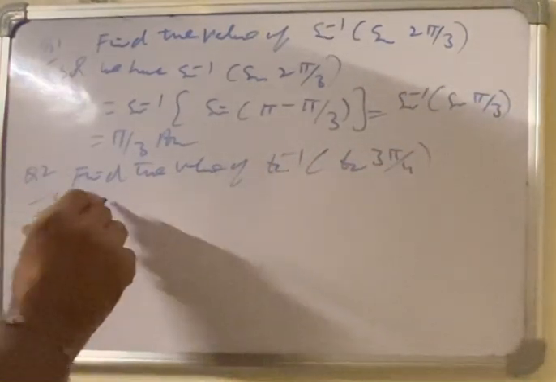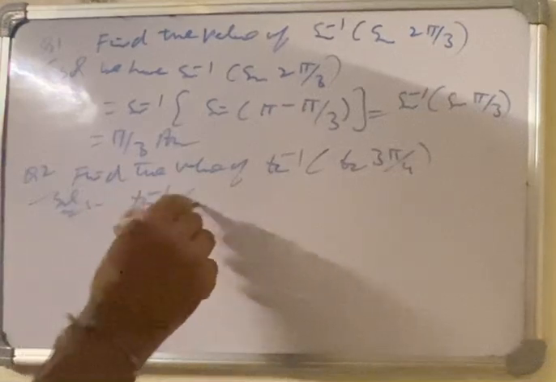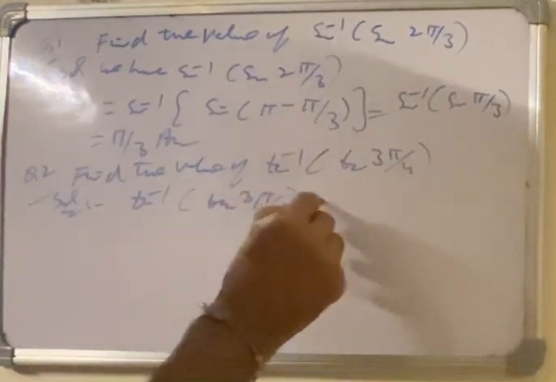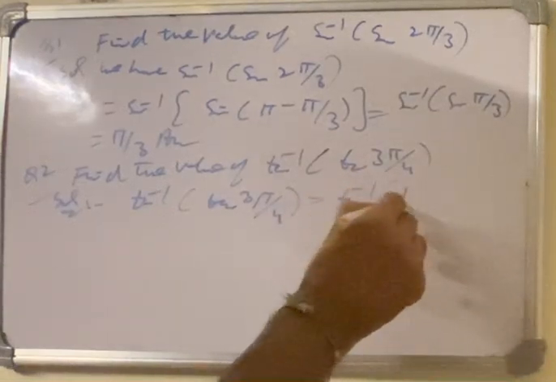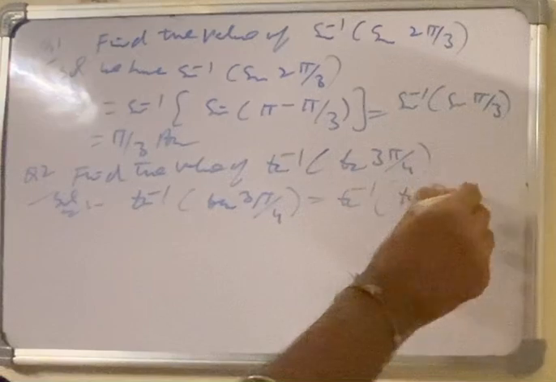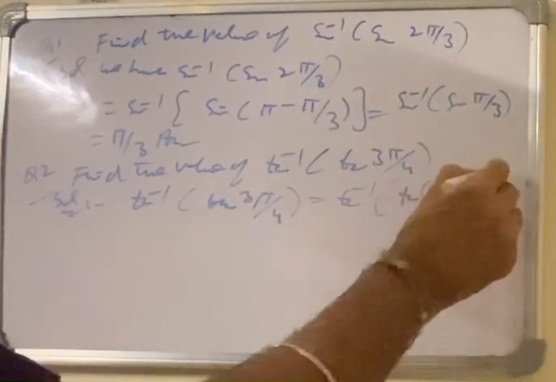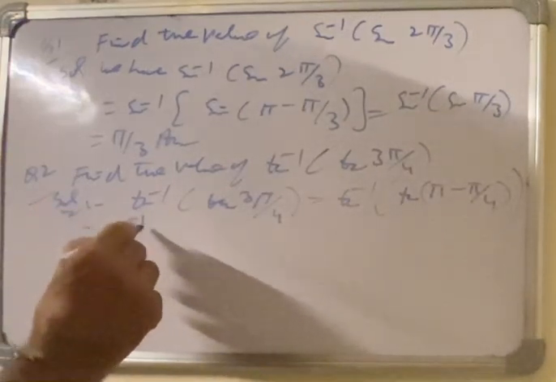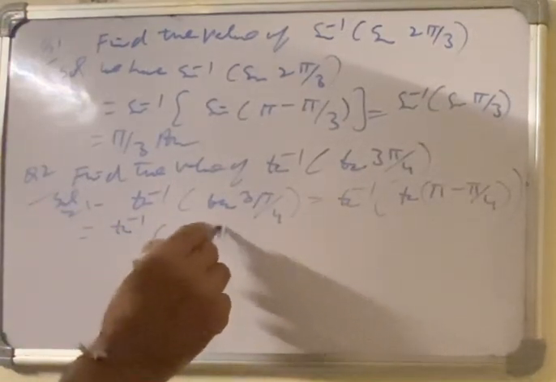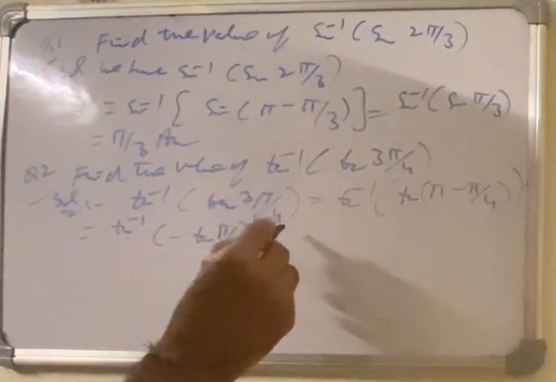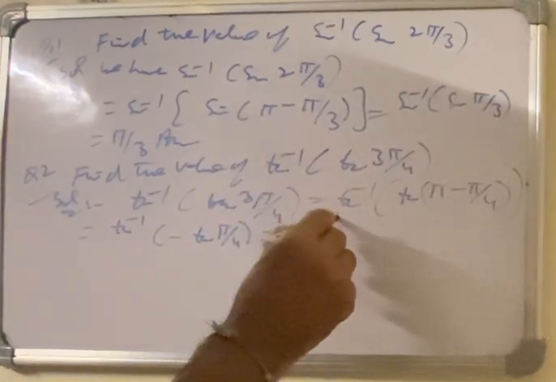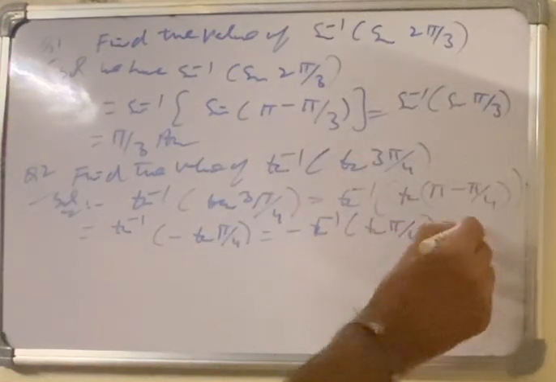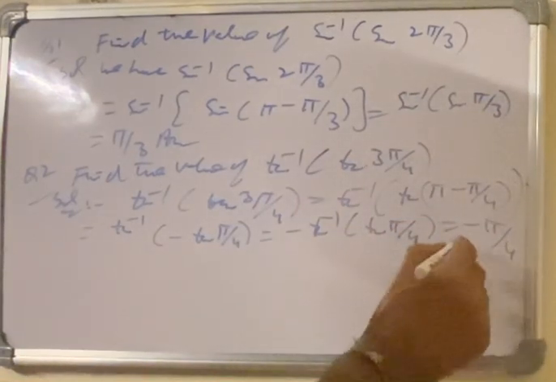Solution, we have tan inverse tan 3 pi by 4 is equal to tan inverse tan of pi minus pi by 4, is equal to tan inverse of minus tan pi by 4, which is minus tan inverse tan pi by 4, is equal to minus pi by 4. This is the answer.